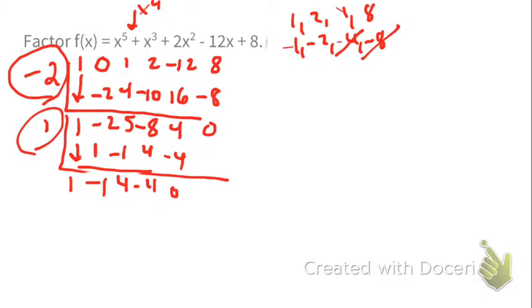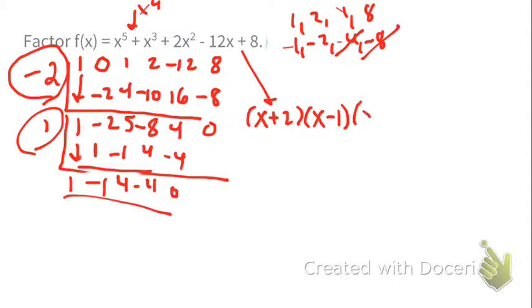So 1 works too. So right now, we factored out an x plus 2 and x minus 1, because we knew -2 and 1 were zeros, and we were left with these numbers right here, which would represent x cubed minus x squared plus 4x minus 4. Now, we can keep doing synthetic division, or you can notice that this can be factored by grouping.